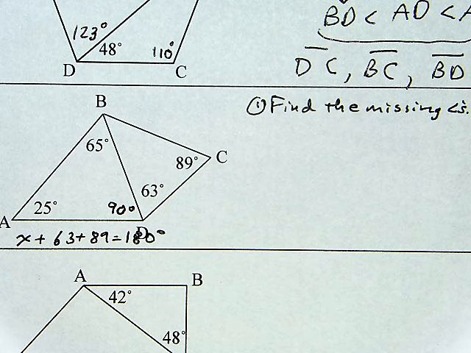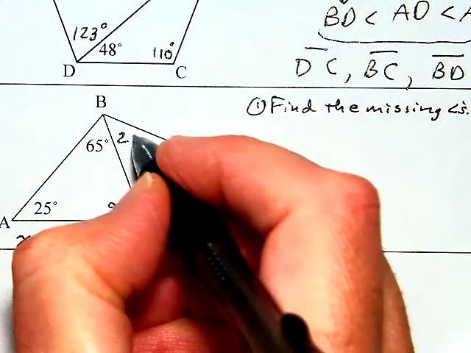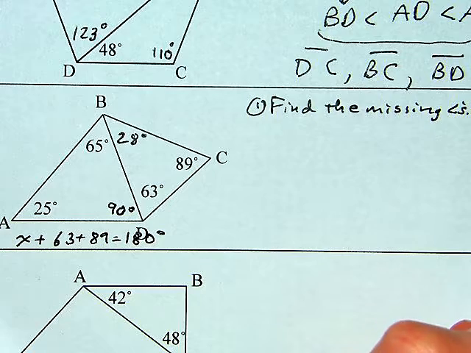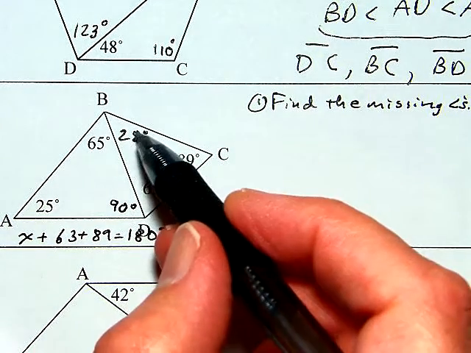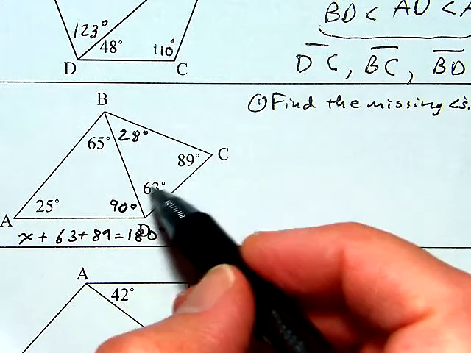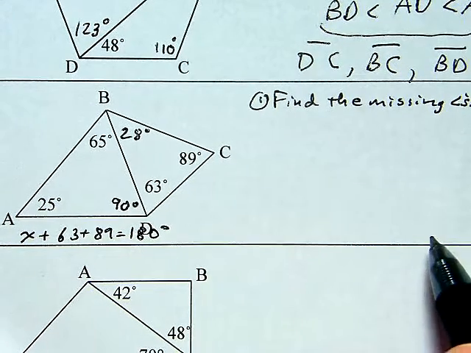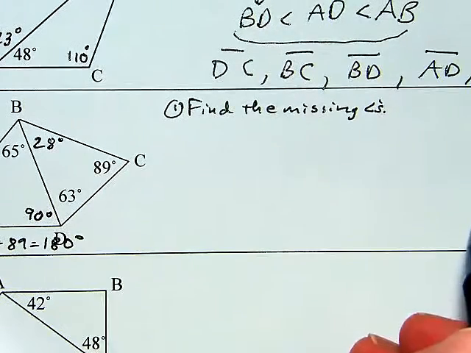And when I add up 63 plus 89, I get 152. And I subtract that from 180, I get 28. So 28 degrees is going to be my angle there. And if I check by adding it together, 28 plus 63 gives me 91, plus 89 is 180. Okay, so I found the missing angles.